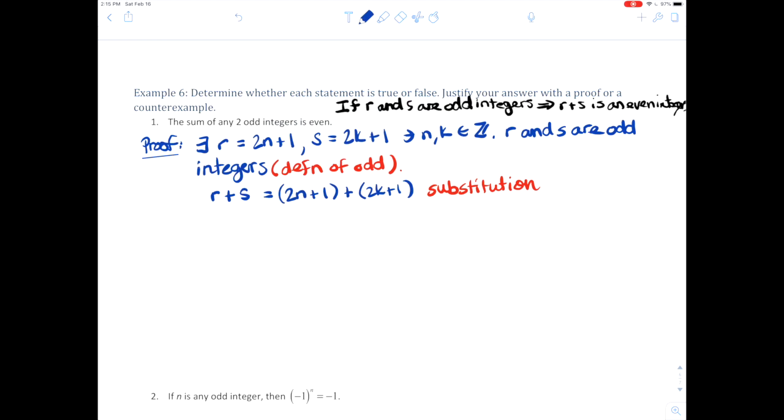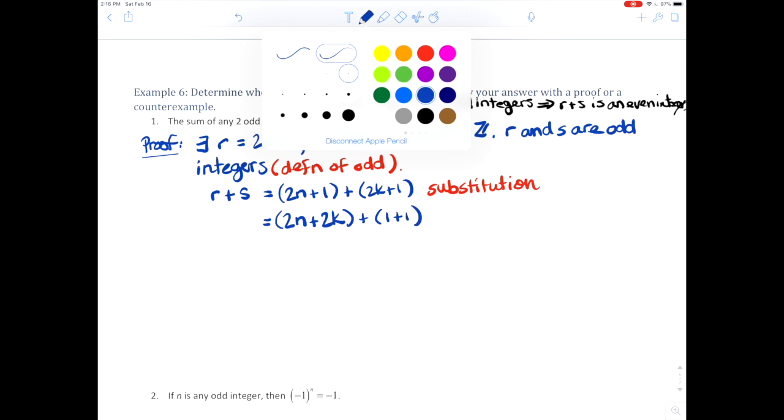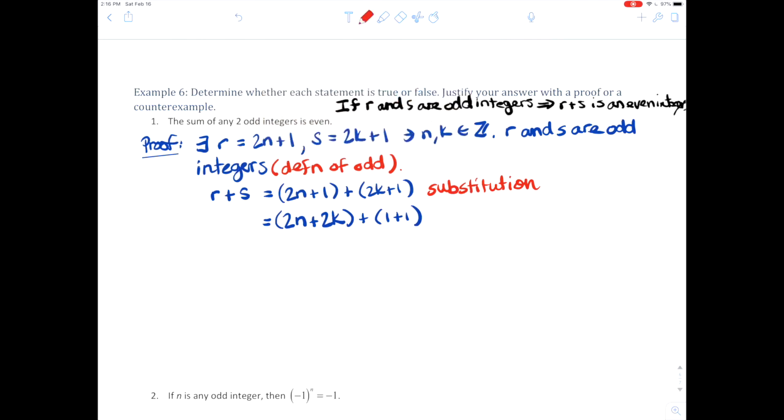Now, if I commute the numbers, because remember, the set of integers is commutative, I'll get 2n plus 2k plus 1 plus 1.